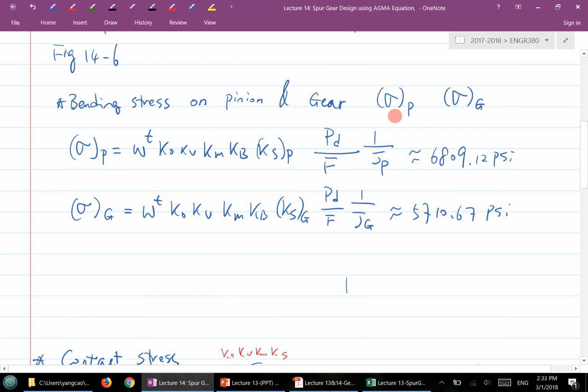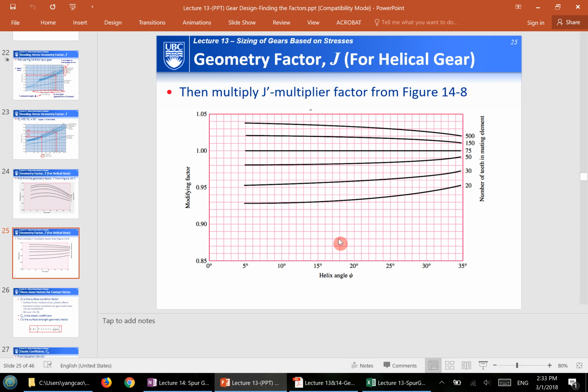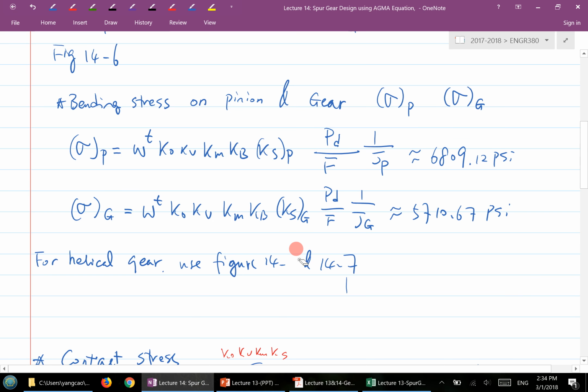So for helical gear, use figure 14-7 and 14-8.